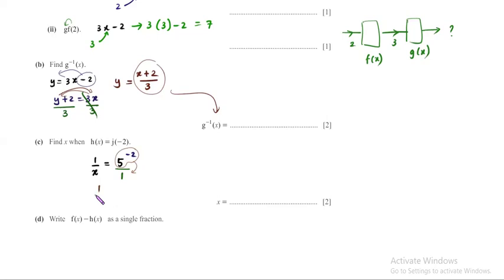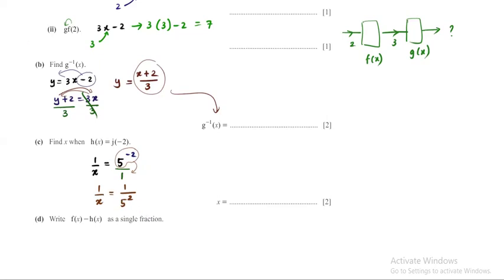So I can write it as 1 over x is equal to 1 over 5 to the power 2. This is what I get. So when I want to make the negative index into a positive, I just change the position. If it's in the numerator, I put it in the denominator. If the negative index is in the denominator, I put it in the numerator.